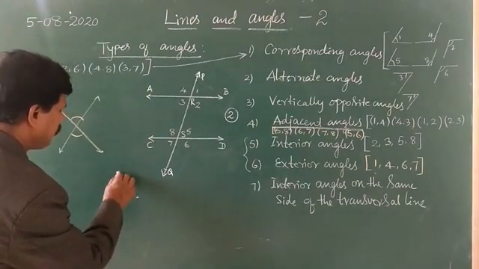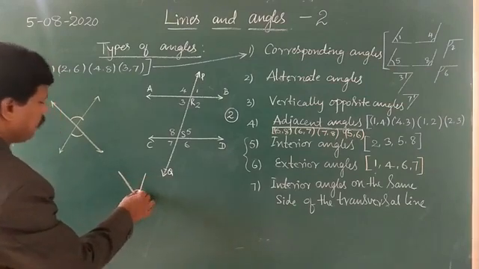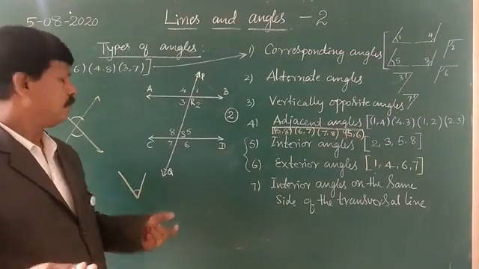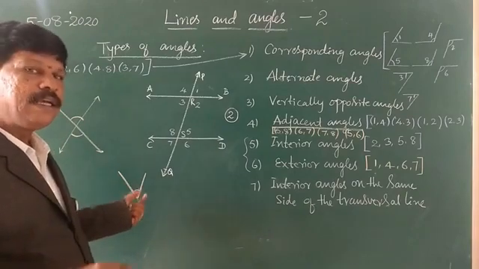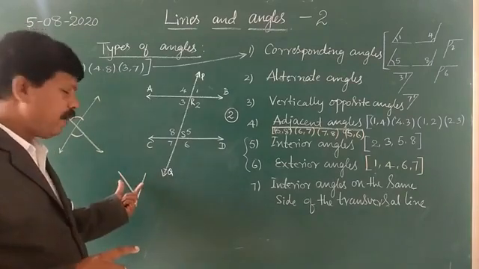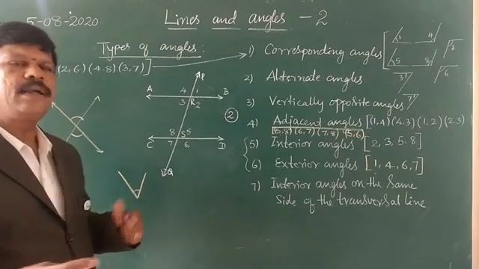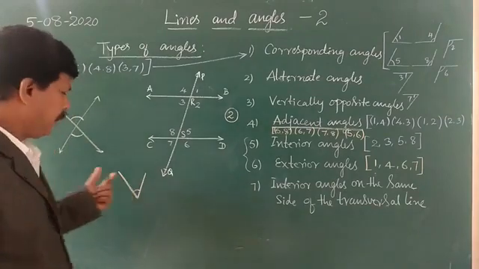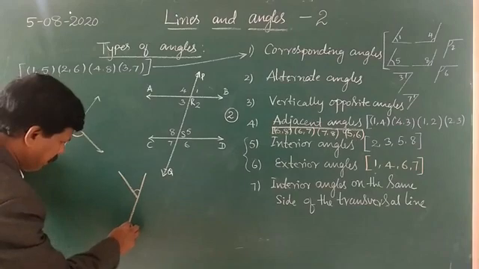See, here is the vertex, these are the arms of the angle. Now another angle is formed at the same vertex, in which the arms of the angle are exactly opposite to the first one. Exactly opposite means you just extend this line.